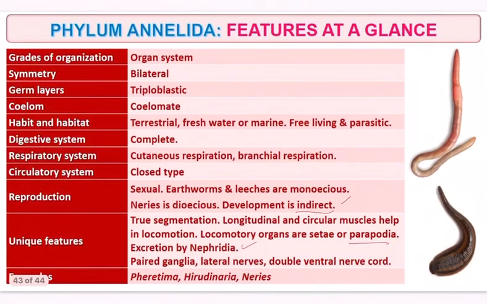So this is how we conclude that phylum Annelida has features such as body is elongated, bilaterally symmetrical, triploblastic, showing special character, metamerism, and it is organ system level of organization.